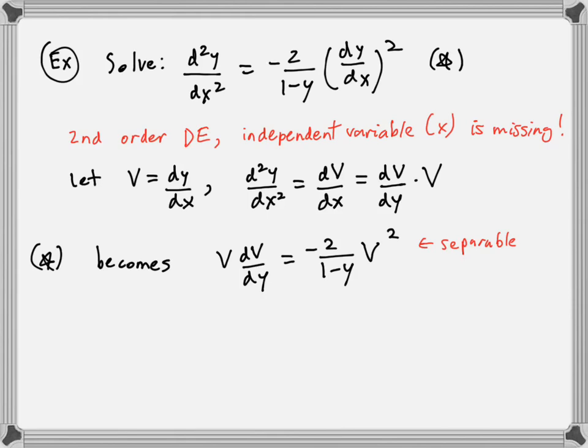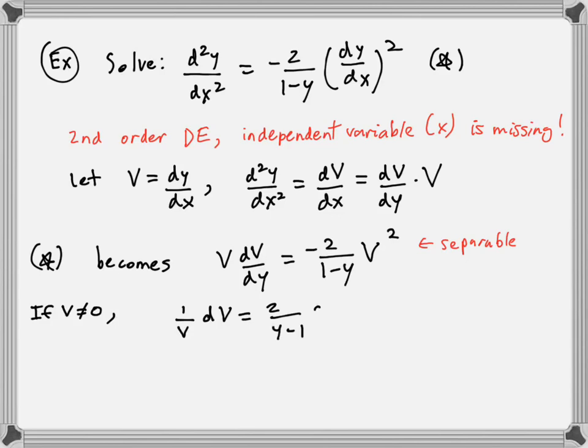Okay, separable. So we're going to separate the variables. We're going to divide the whole thing by v squared. Now be careful when you divide. So let me just say that if v is not 0, then we're allowed to divide by v, right? So if I divide by v squared on both sides, I end up with the following. 1 over v dv is equal to negative 2 over 1 minus y, which is the same as 2 over y minus 1, right?